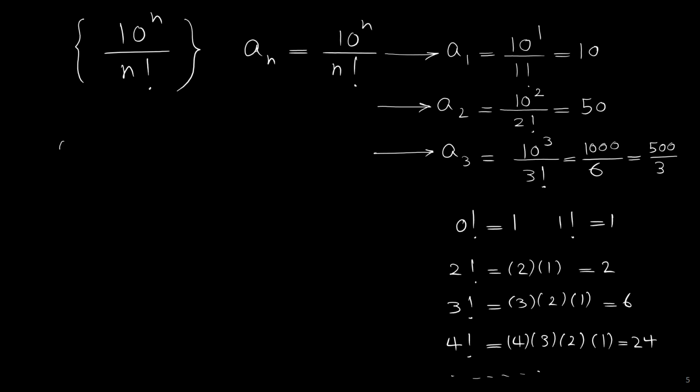So the list of the elements of this sequence is 10, the first element, 50, second element, 500 over 3, which approximately is 166.6, and so on. The nth term is 10 to the n over n factorial.